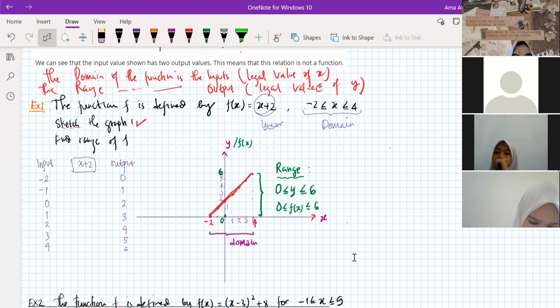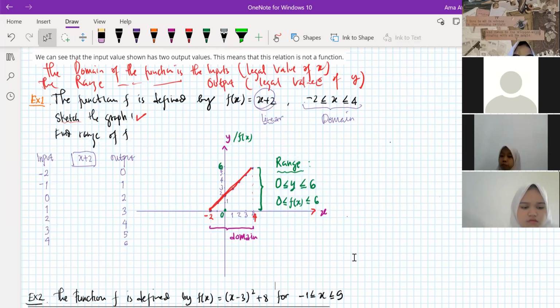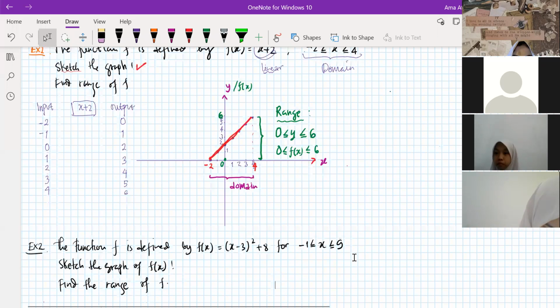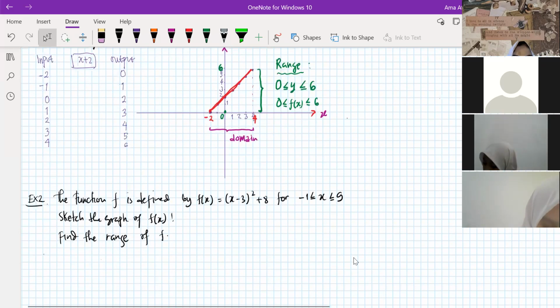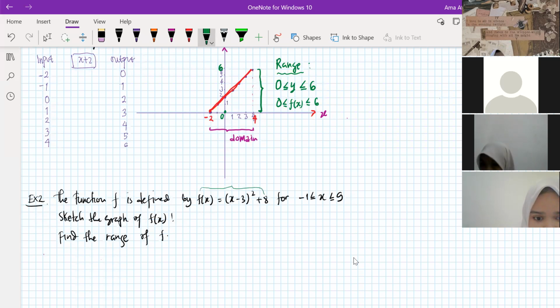All right, so now we continue to the second example that I have prepared for you. The function f is defined by f(x) equals (x minus 3) squared plus 8. Remember, this is the equation of a parabola. We finished quadratics in chapter 1.